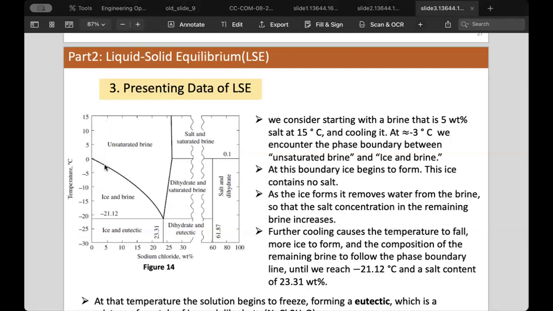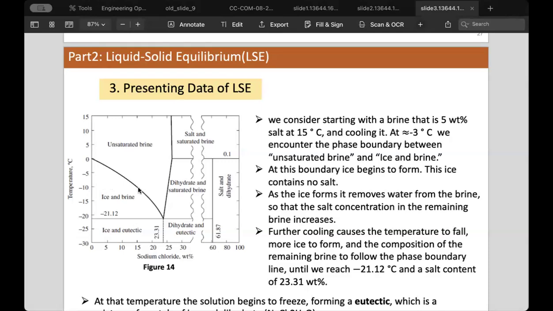of course, it's at equilibrium, right? It will be saturated brine. But once you keep decreasing the temperature down to, let's say, 10, it separates into ice and brine. What is the concentration of ice?